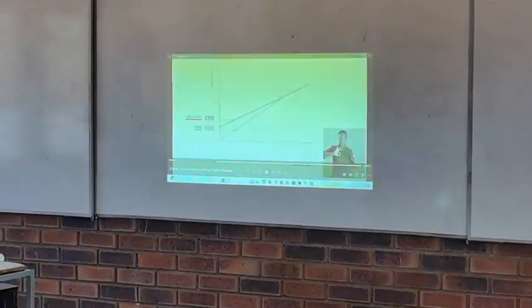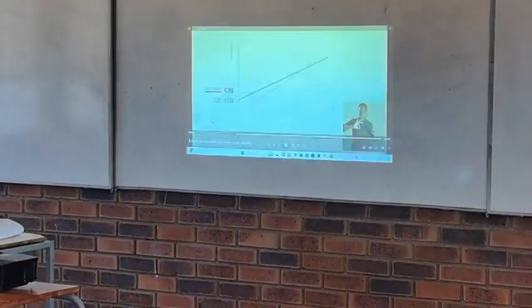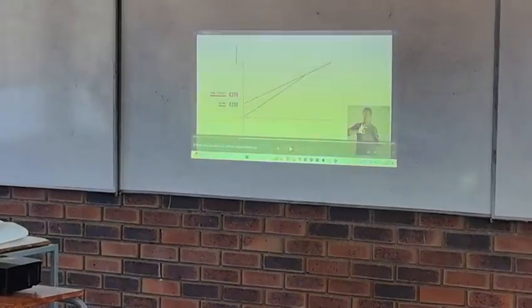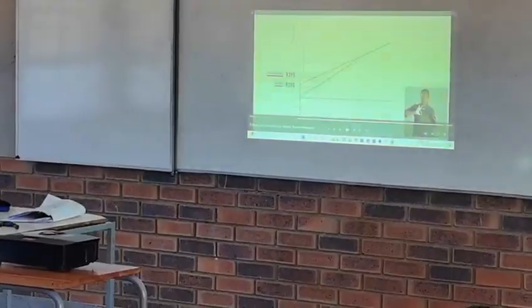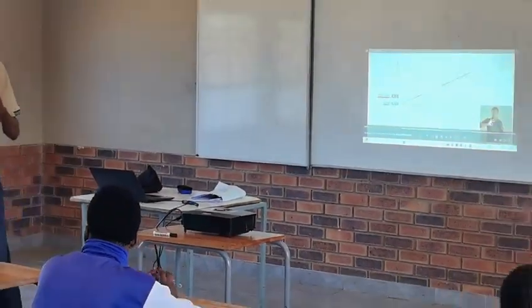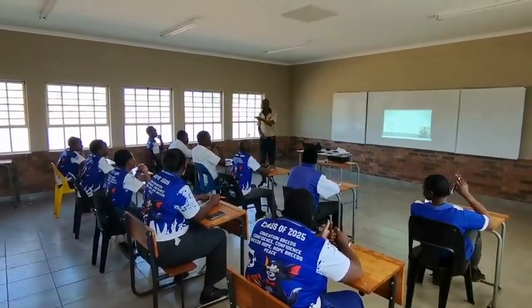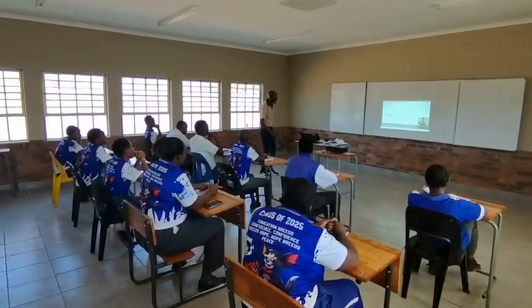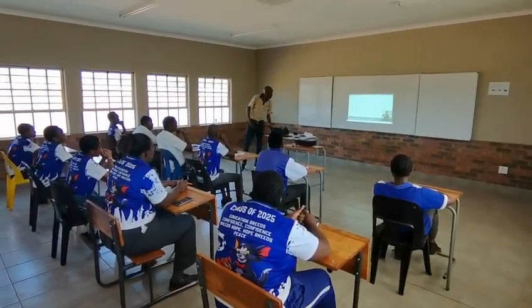In a graph, where two graphs meet for the income and the expenses, where they are equal. Remember in the last class we talked about what? Yes, it's the break-even point. We learned this previously.